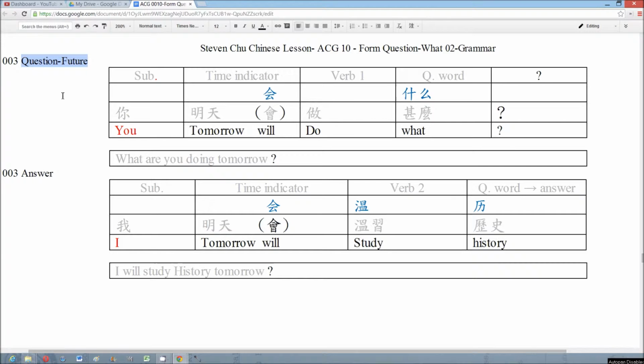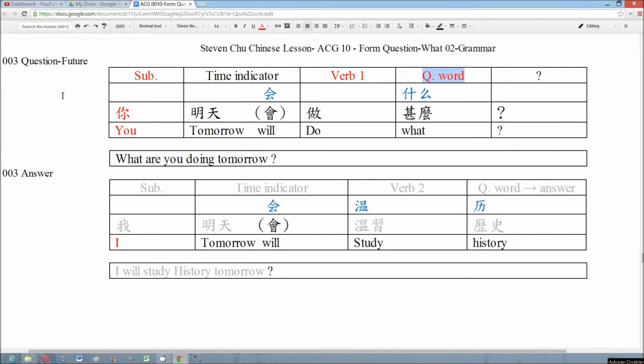This example is asking what will happen in the future. 你明天, or you can add the word 会做什么? What are you doing tomorrow? This question is also based on the basic sentence. Subject, time indicator, verb, and the question word.